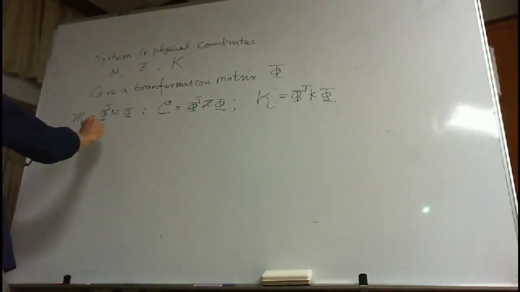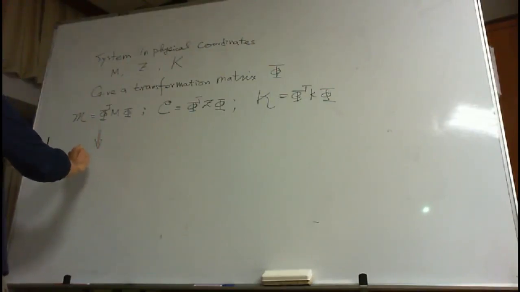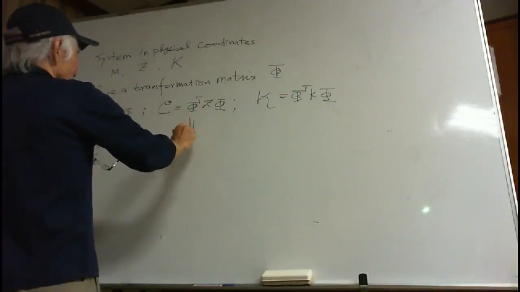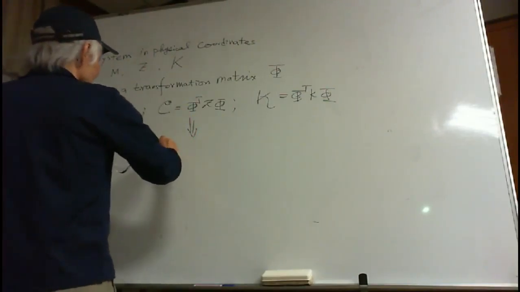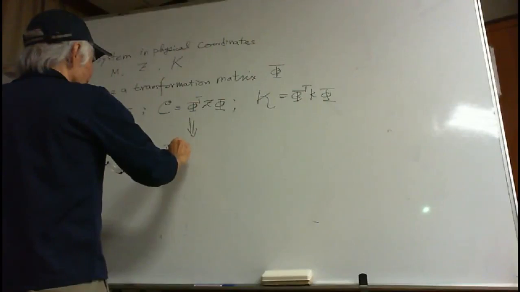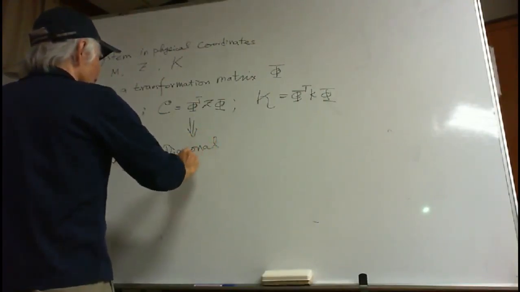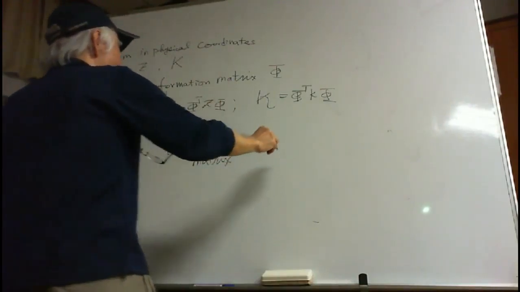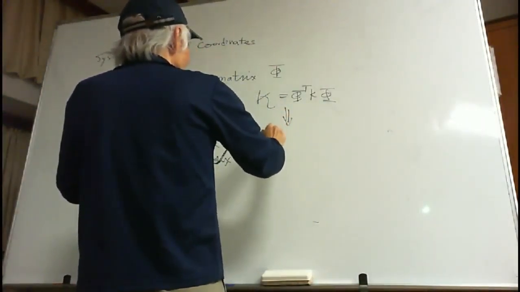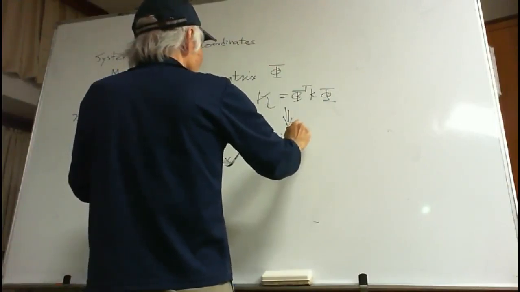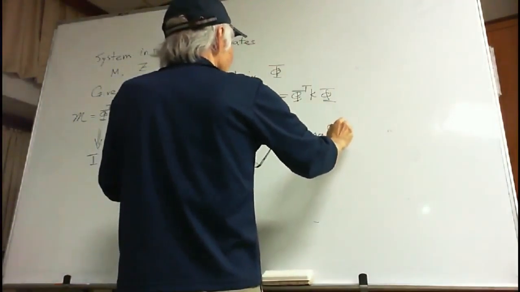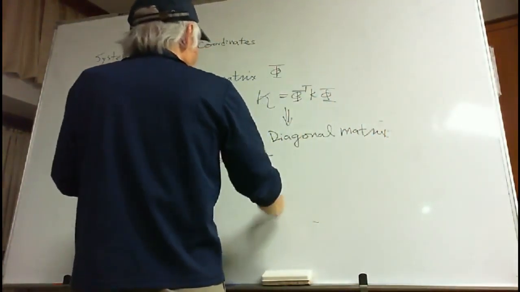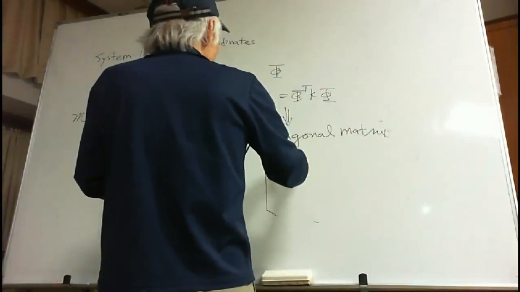After the transformation, this becomes the identity matrix. This is a diagonal matrix, and this, another diagonal matrix, and this diagonal matrix will include all my frequencies in there.